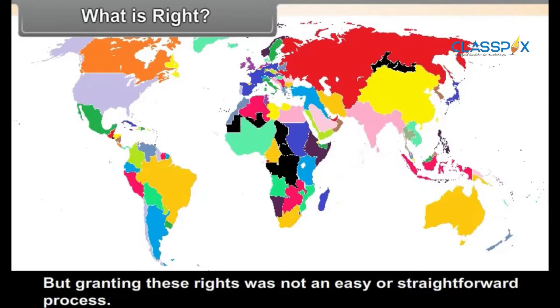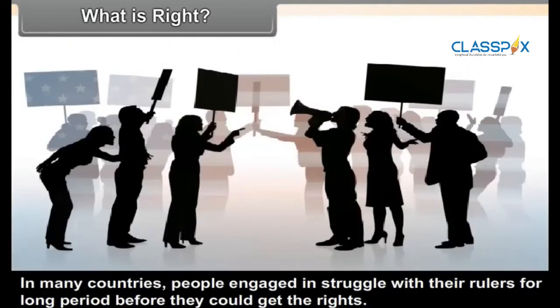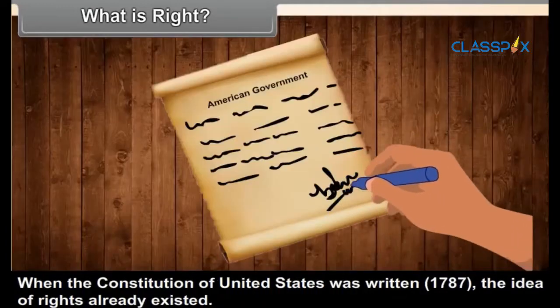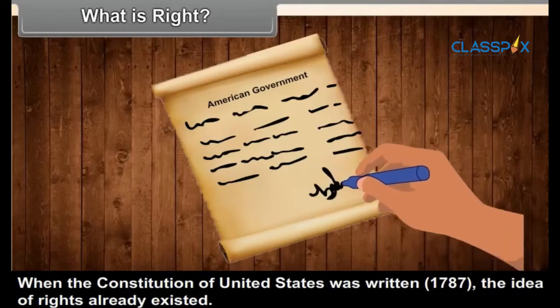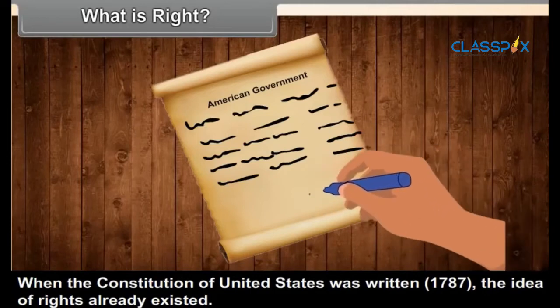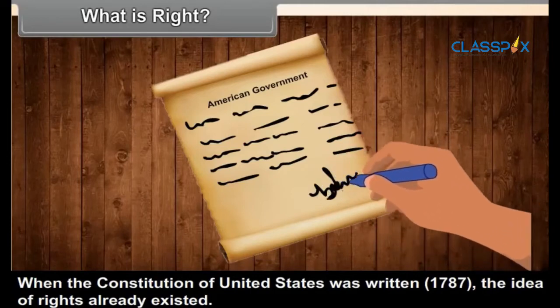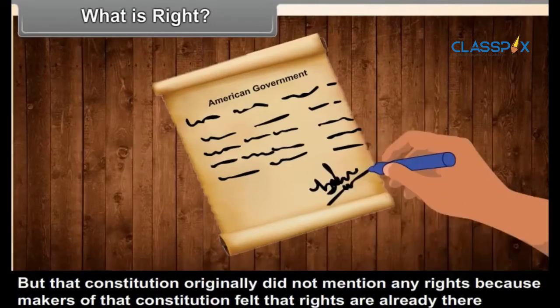But granting these rights was not an easy or straightforward process. In many countries, people engaged in struggles with their rulers for long periods before they could get their rights. When the Constitution of the United States was written in 1787, the idea of rights also existed.